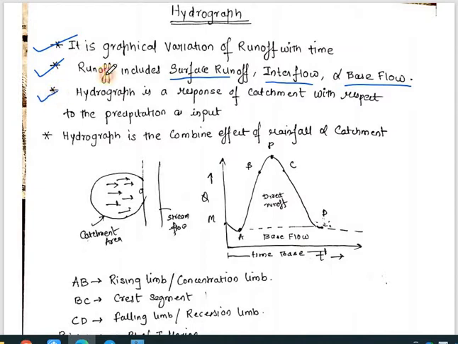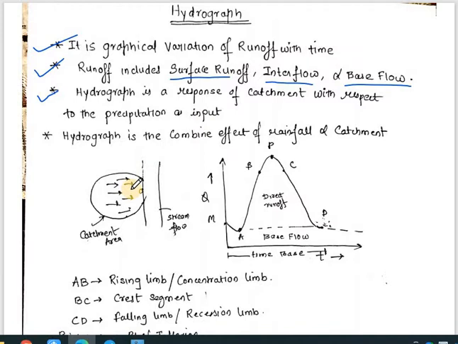After that, hydrograph is a response of the catchment with respect to precipitation as input. Because ultimately the water has been collected in the catchment, and the precipitation is an input in that.